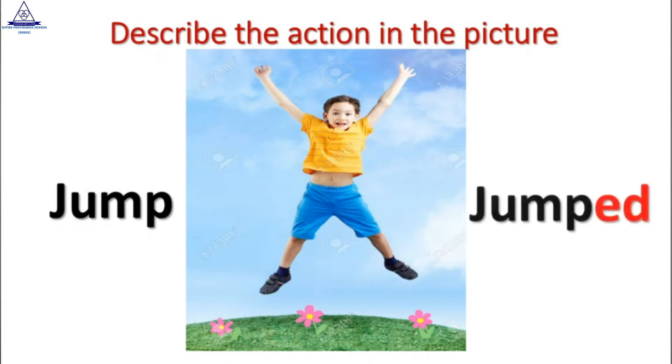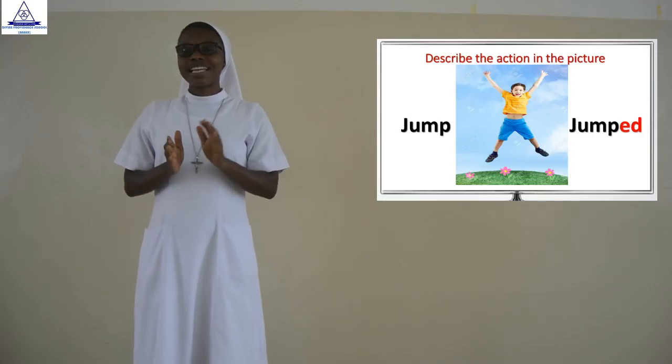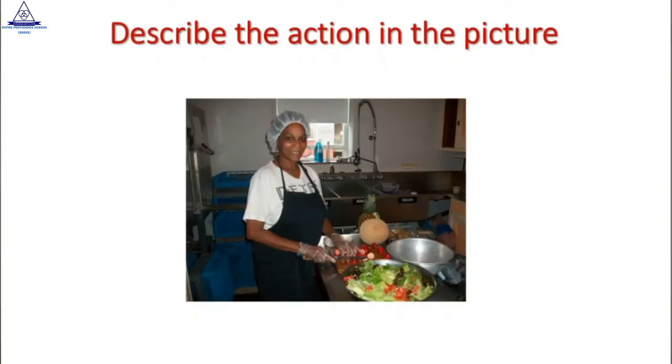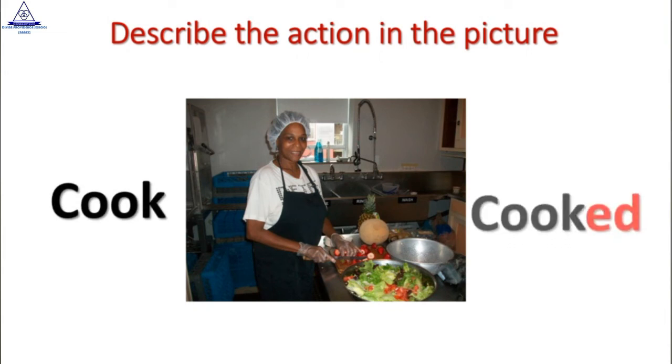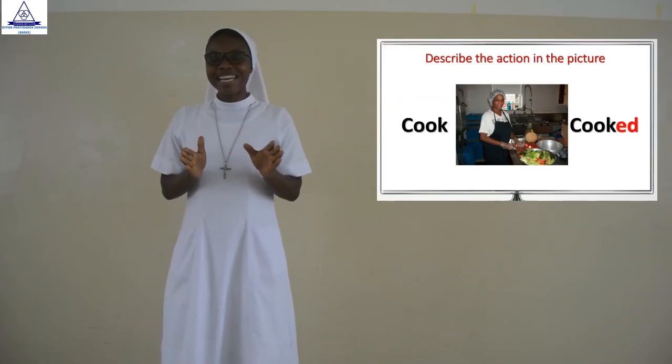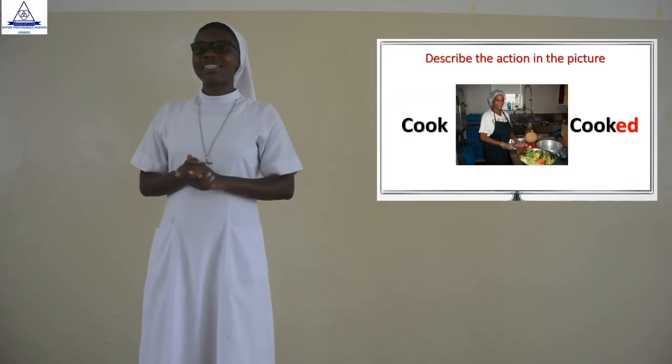Jumped. Good. So we added ed to it. The second one is a woman cooking. What is the past tense of the verb cook? Cooked. Good. That one too, we added ed to it.